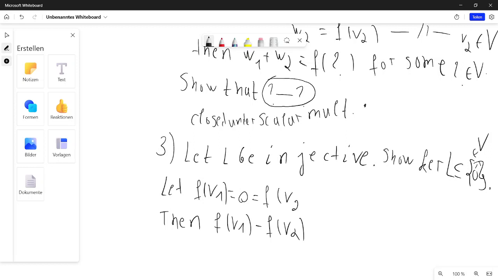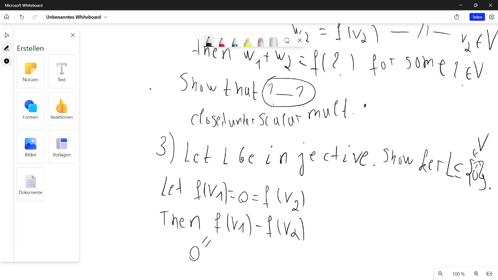That is not meant as the approach, it's just thinking, right? Because it is in the kernel, that is equal to zero, and that hence implies in particular that f of v1 is equal to f of v2, and then we can subtract on both sides, and we get this is equal to zero.